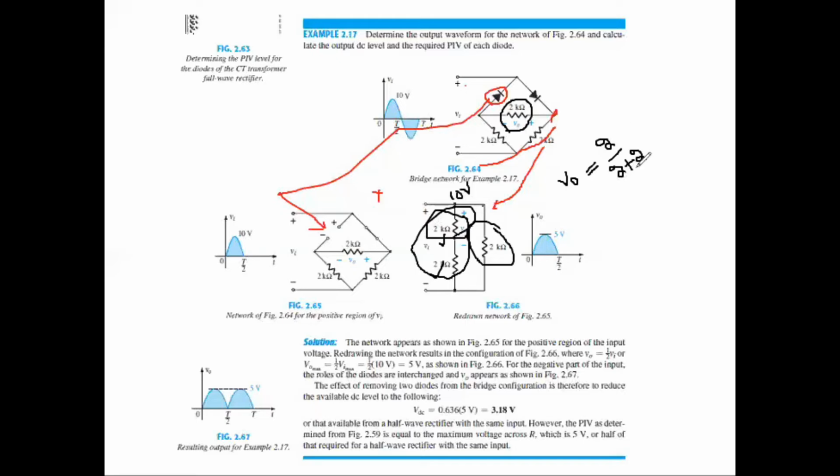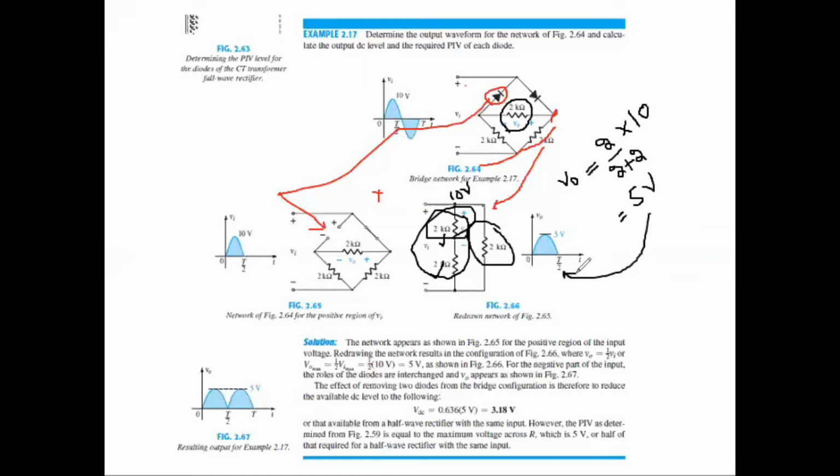Kilo ohms are cancelled with each other in denominator and numerator, and this will be multiplied with the total voltage, that is 10 volts. Okay, this will be the peak voltage. So from here you can easily calculate the value of this peak voltage as 5 volts. So this 5 volt will have this value.